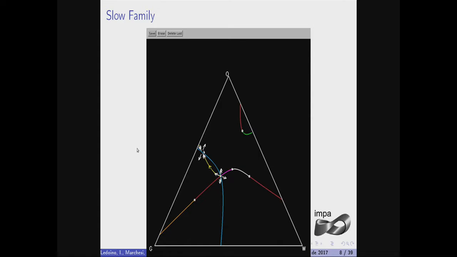Here's a little video, just to show that a lot of points along the Hugoniot locus have connections. This is the Hugoniot locus, and in blue here is the slow family. By looking at the video, we see that a lot of points of the Hugoniot locus provide a repeller to saddle connection for the slow family.